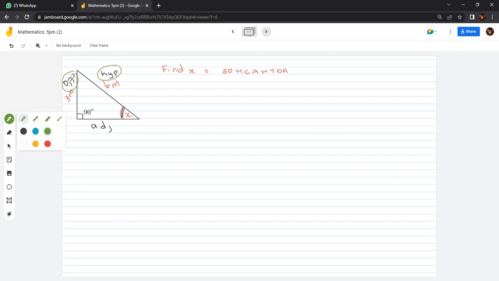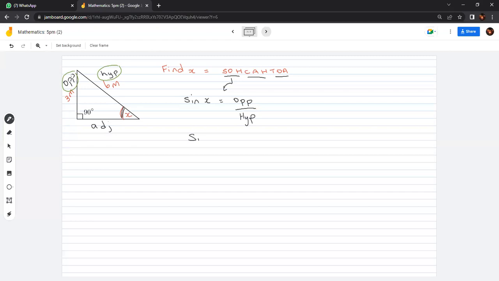So you ask yourself, which of these three ratios would I use if I'm considering the opposite and the hypotenuse? The one which has the opposite and the hypotenuse is the sine. So it's going to be sine always of the angle, but this time my angle is x, is equal to the opposite over the hypotenuse.